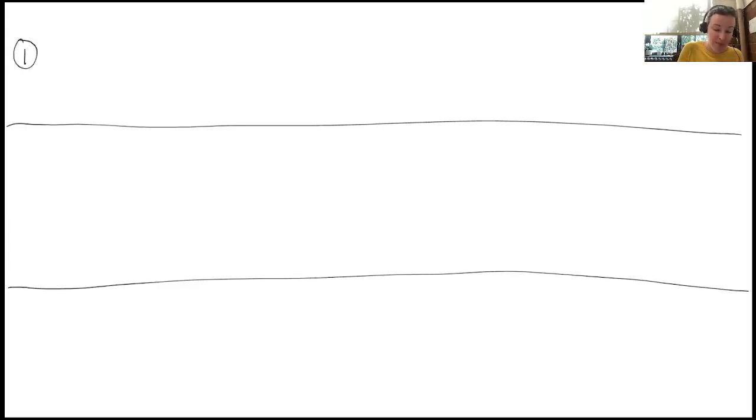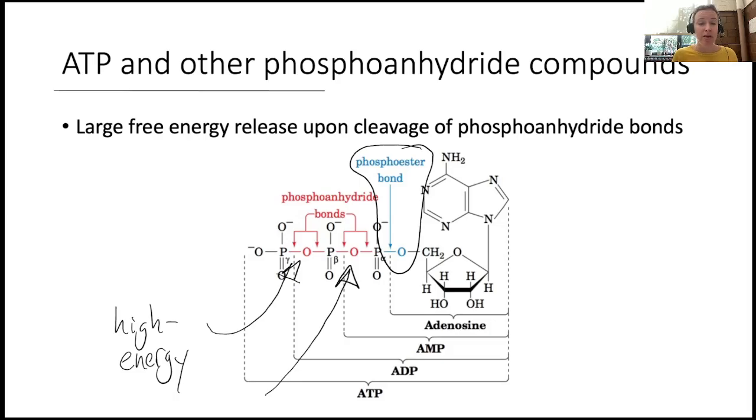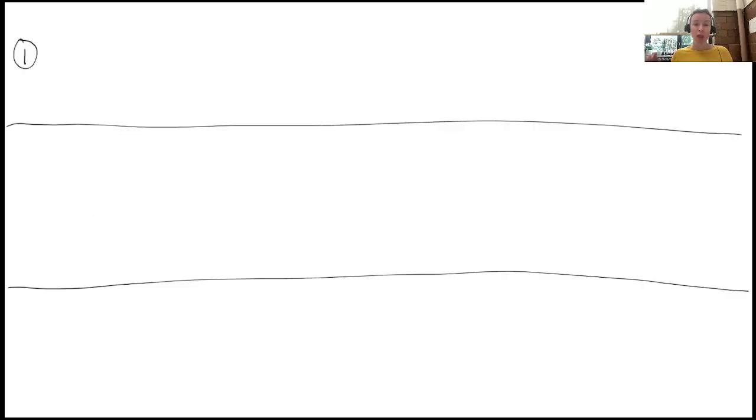Scenario 1, resonance increases. And if you'll forgive me, I'm going to simplify the structure of ATP here. I'm going to draw the base and the sugar simplified as just A, and I'll only draw the 3 phosphates. Okay, let's start.